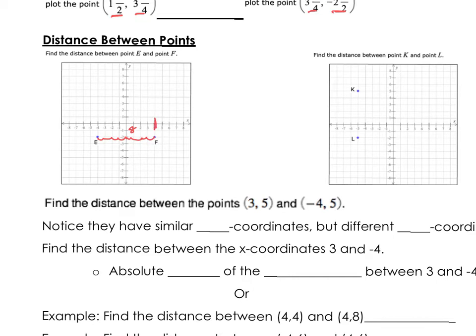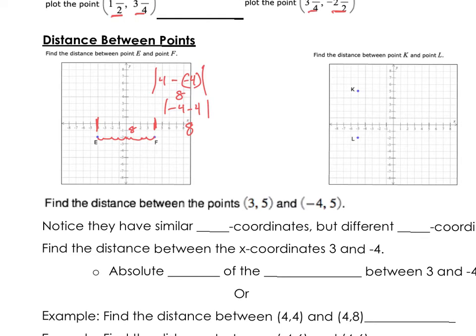The distance between 4 and -4 is 8, the absolute value. So we could look at it like this: 4 minus -4, the absolute value of that is 8, or -4 minus 4, the absolute value of that is 8. Okay? The absolute value is always positive.